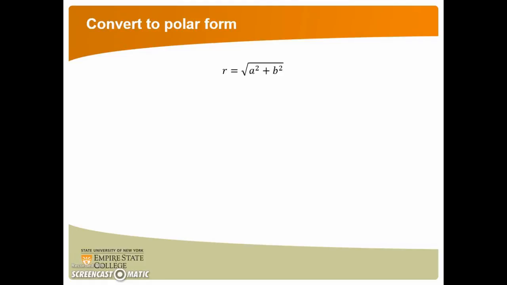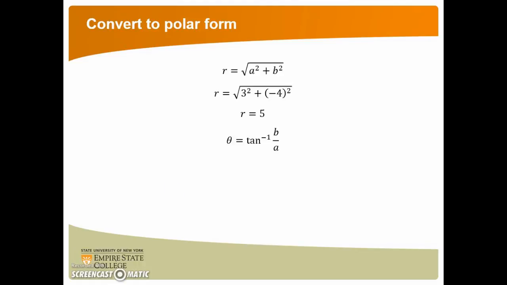We use the formula r equals the square root of the quantity a squared plus b squared. We plug in our values of 3 and -4 for a and b, respectively. Solving, we find that r is 5.